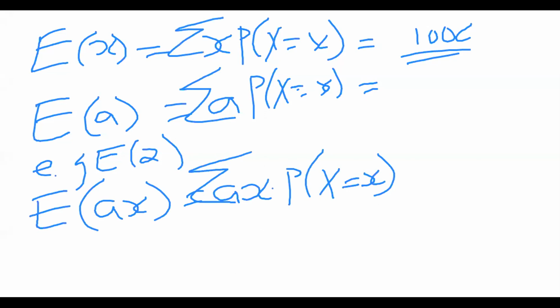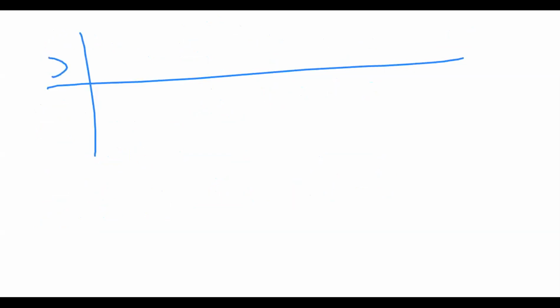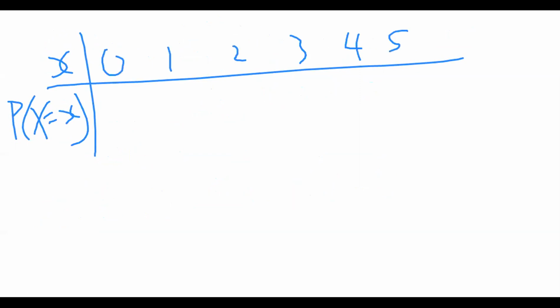Like that. So in other words, on our table, I have rubbed it off by mistake. We had values of x, then probability of x equals to x. 0, 1, 2, 3, 4. We're stopping at 4. So here it is 0, c, then 4c, 9c, 16c, like that.